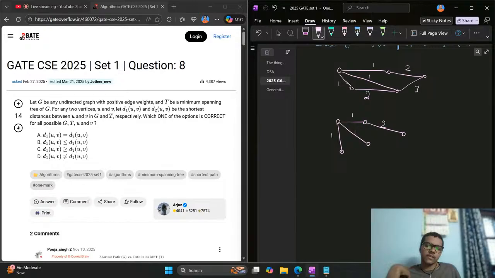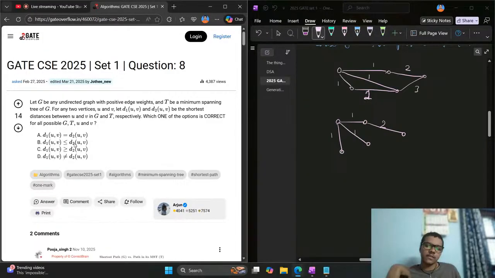Let's do the shortest distance. This edge is not covered. No, that is not necessarily the case. But if you make this 1, then it will still be a minimum spanning tree. So this is not the case.